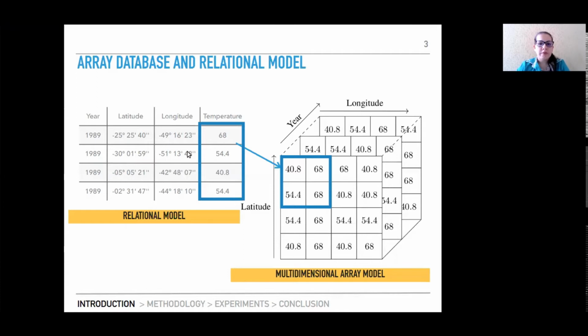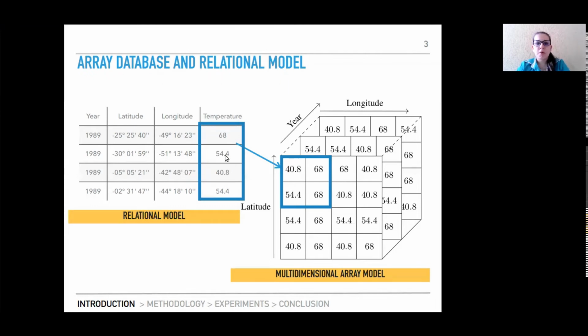In this figure, the data are represented in the relational model, with rows and columns. The other figure represents the multidimensional model. The blue box shows the same data in the relational model and the multidimensional model.